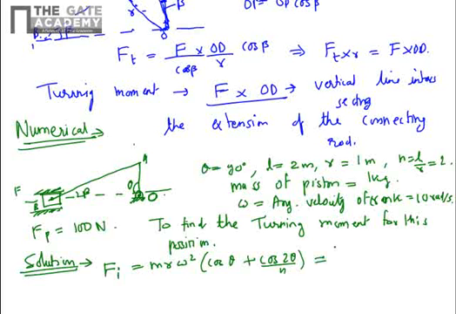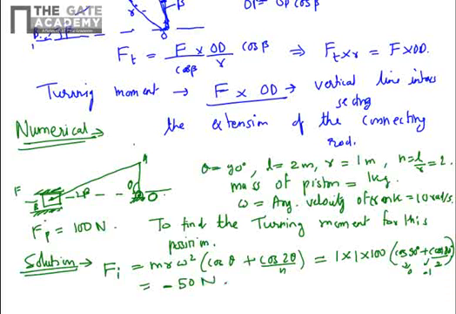That we recall from our formula that we just derived. We substitute the values: mass of the piston is 1 kg, radius of crank is 1 meter, omega is 10, so 10 square is 100, and theta is 90 degrees, so cos 90 degrees plus cos 180 degrees, that is 2 theta, divided by n. n is 2 in this problem. So on solving this, cos 90 degrees is 0, cos 180 degrees is minus 1, so this becomes minus half, so Fi becomes minus 50 Newton.